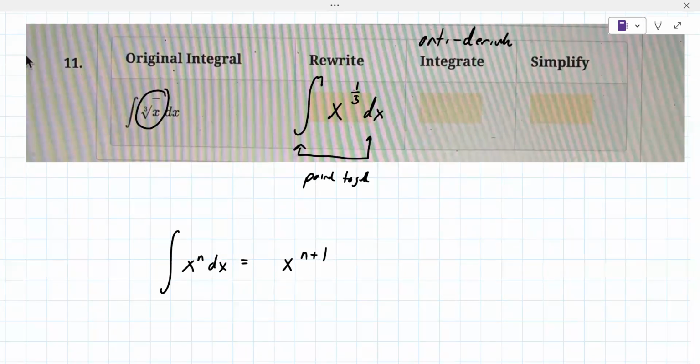So remember, when you take a derivative, you would subtract 1. Well, now you add 1, and then you divide by the new exponent. Plus c. So plus this constant of integration, basically.